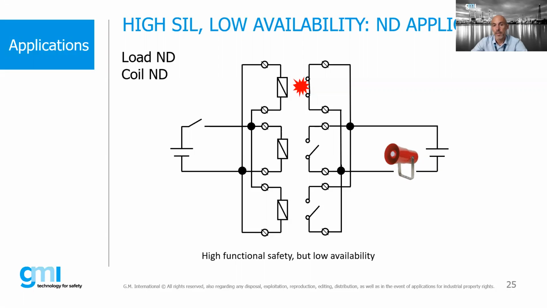And I reach an unwanted non-safe situation where I activate my load without any real dangerous situation. So safety means sometimes the opposite of availability. But I'm pretty sure that in your own applications, customers also ask for availability. They don't want to stop the system because of failures or spurious failures.